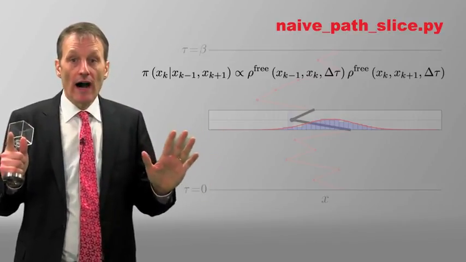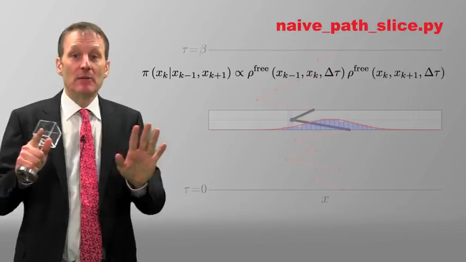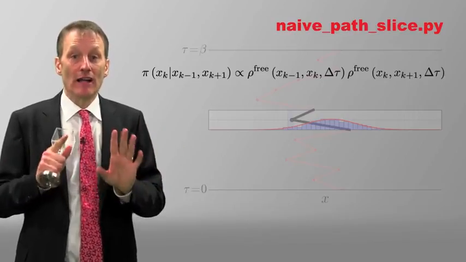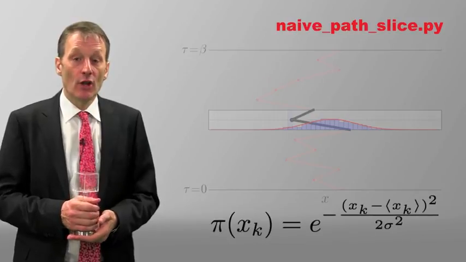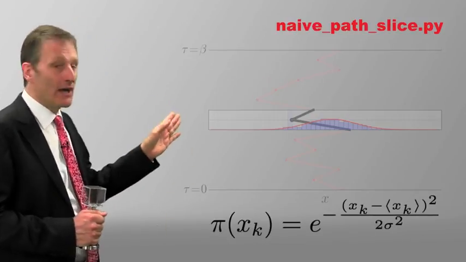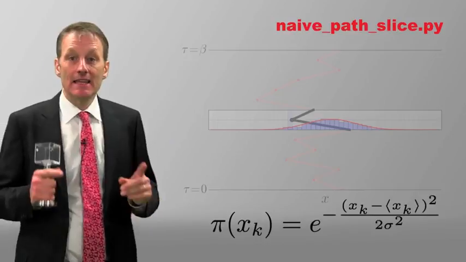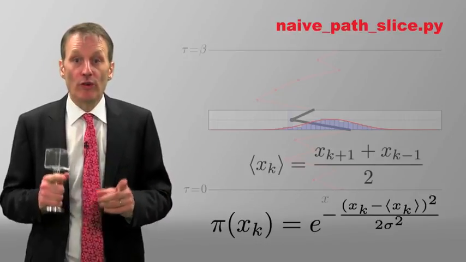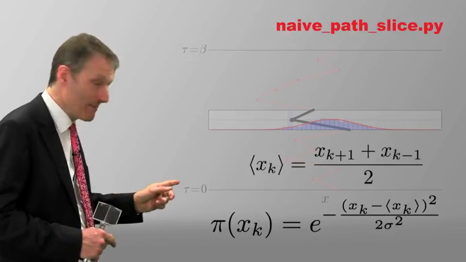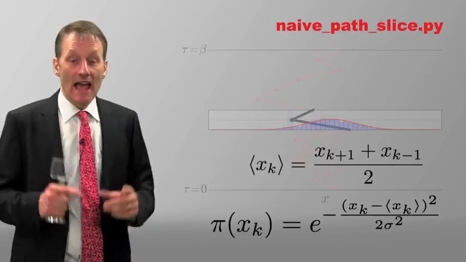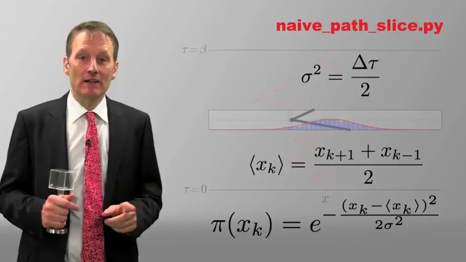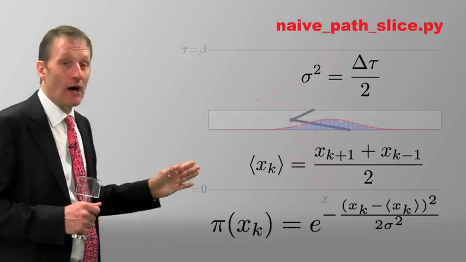The two are Gaussians, and their product is also a Gaussian for xk. So the distribution pi of xk is a Gaussian with mean value (xk minus 1 plus xk plus 1) over 2, and the variance sigma squared equals delta tau over 2.